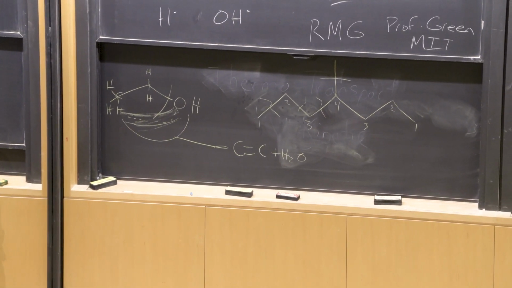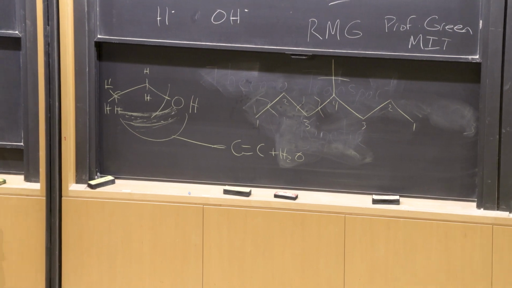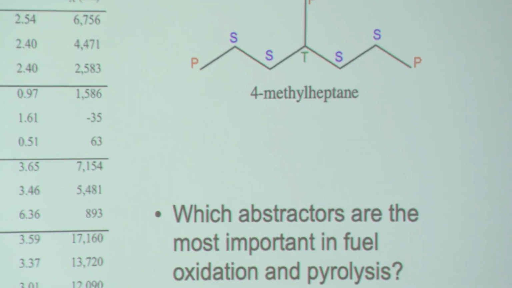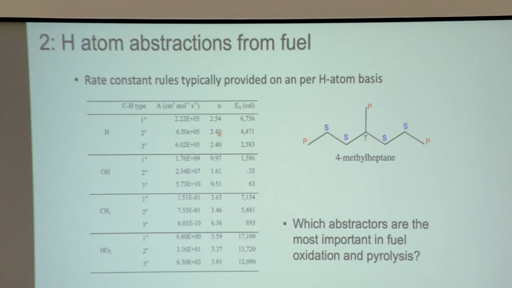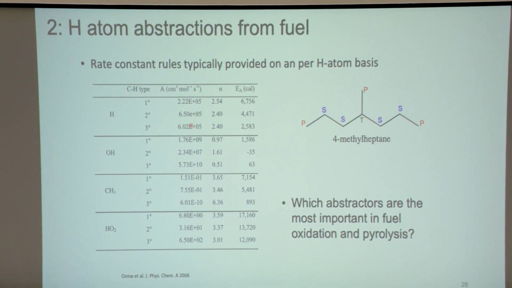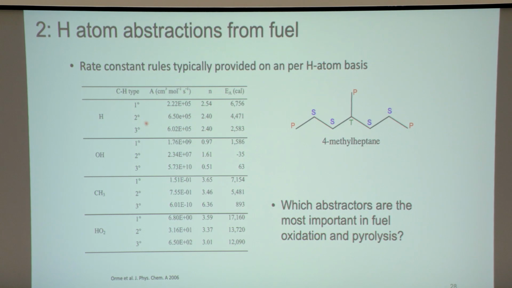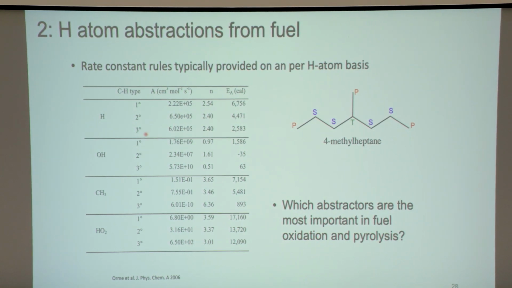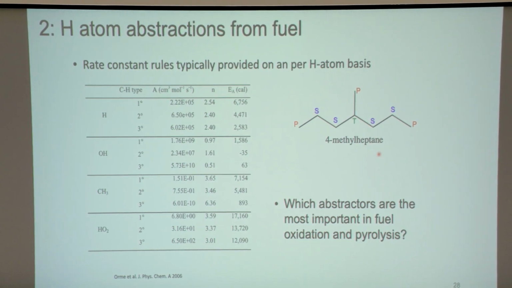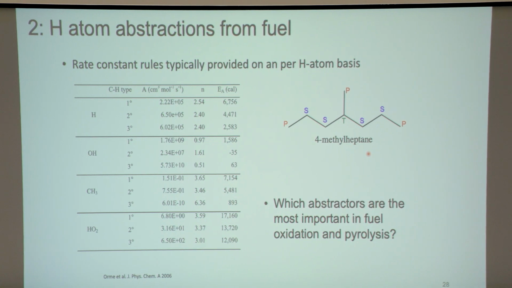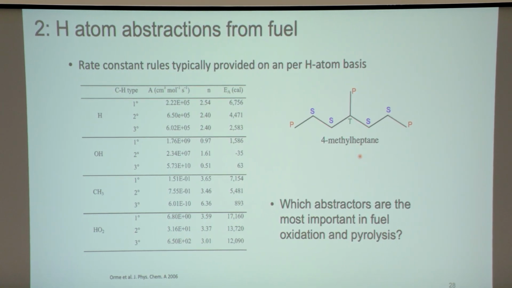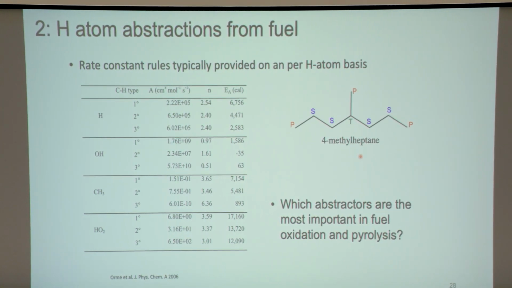And then for OH, for methyl, for HO2, we can have different types of rates based on the type of carbon atom that's there. So one type is primary, we say the P, 2 is a secondary, 3 is a tertiary. In this molecule, 4-methylheptane, you only have primary, secondary, tertiary. This is the simplest way to do it. You can say it's the first approximation to calculate these rates.